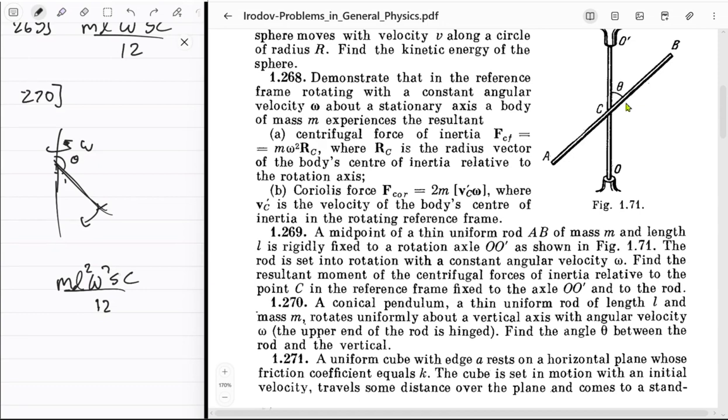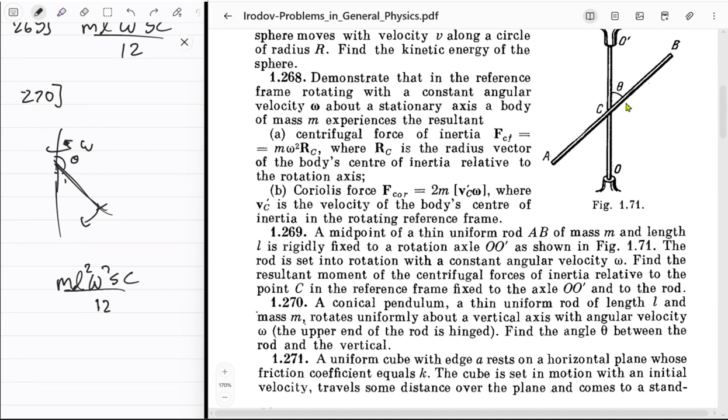What other torque do we have? Gravity. So gravity is pushing in that direction. It is in the clockwise sense, right?